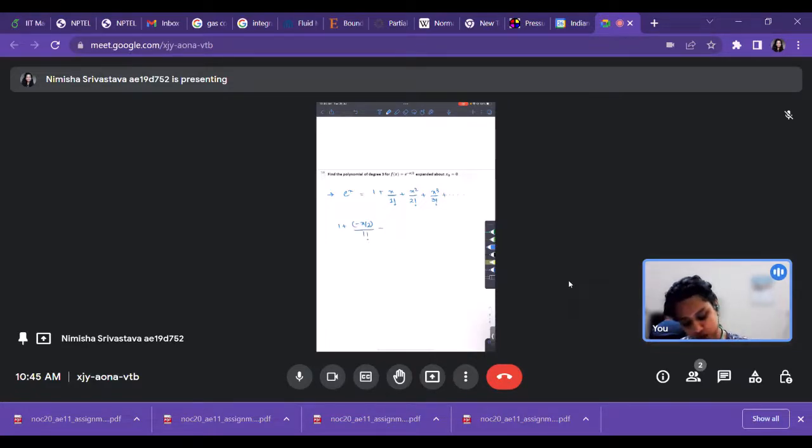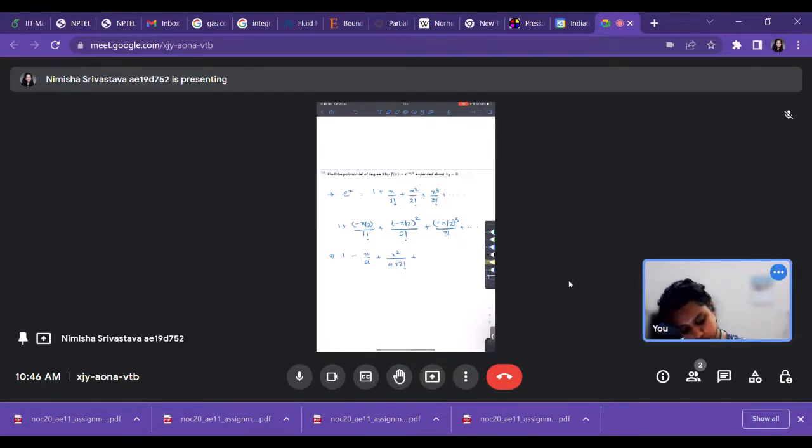1 plus. So obviously we don't have to disturb the coefficients as such, because those are not involved in our computation. We don't have to change them because we've done nothing to warrant that change. Then 1 minus x by 2. Then we have here x square by, what is 2 square? 4 into 2 factorial.